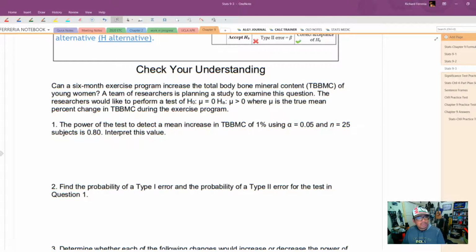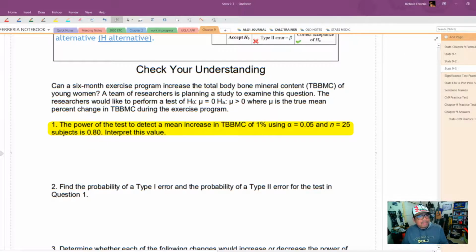The researchers would like to perform a test where H0 is mu equals 0 and H alternative is mu greater than 0, where mu is the true mean percentage change in TBBMC during the exercise program. The power of the test to detect a mean increase in TBBMC of 1% using alpha equals 0.05 and n equals 25 is 0.8. So let's interpret that value.